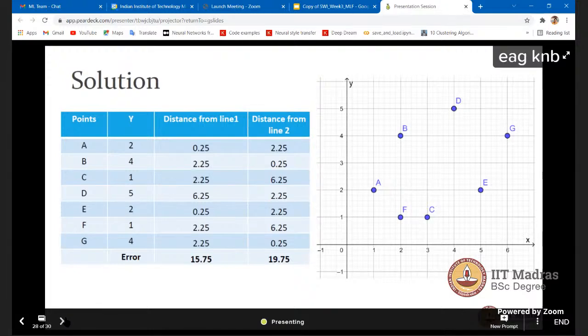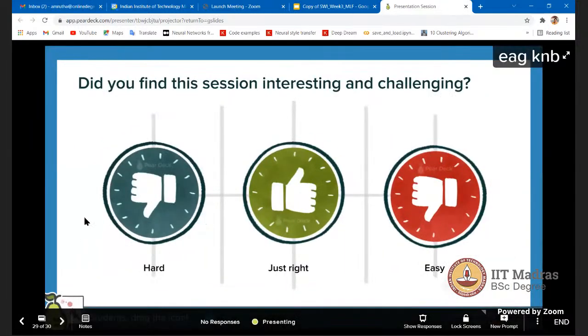Okay, so that's all about the problem-solving session. Did you find this session interesting and challenging? You can give your votes.